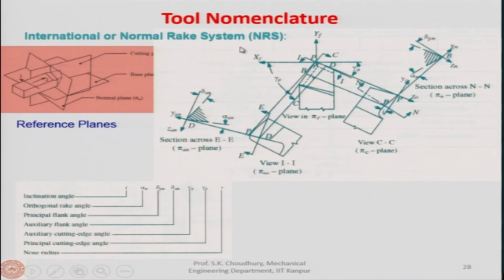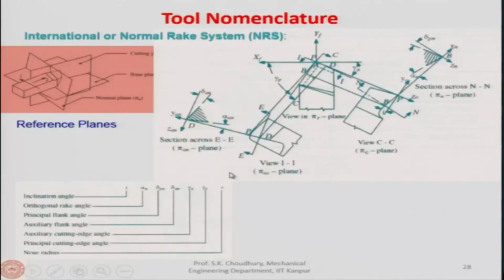This is called the international system because many countries are now trying to adopt one system where all the countries will have the nomenclature according to this system, so that it could be easier for all the countries to buy tools from each other and not have to bother about the angles which are working angles, okay, because on those working angles only the NRS will define the inclination of the rake face, inclination of the flank face, or the inclination of the cutting edges.